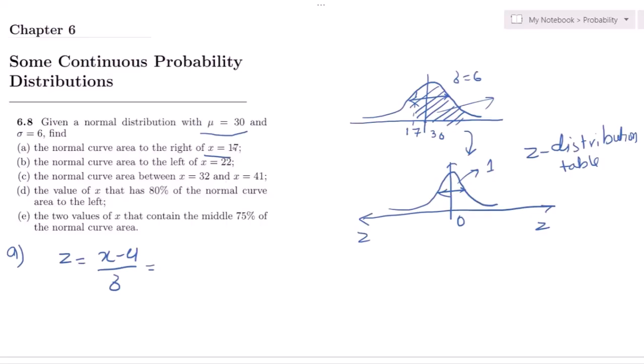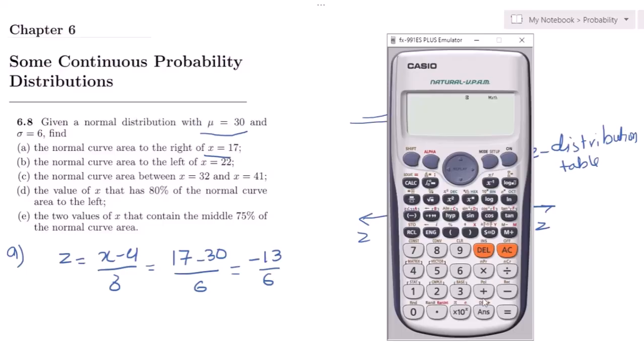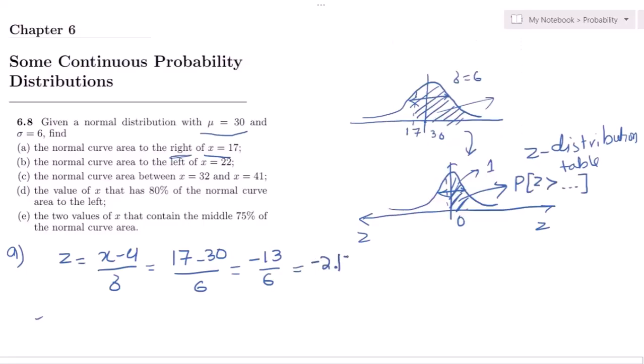Putting the value of x, which is 17, mu is 30, and sigma is 6, it would be minus 13 by 6. Calculating it, it is minus 2.17.